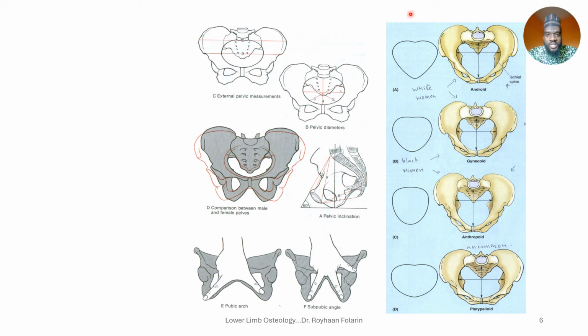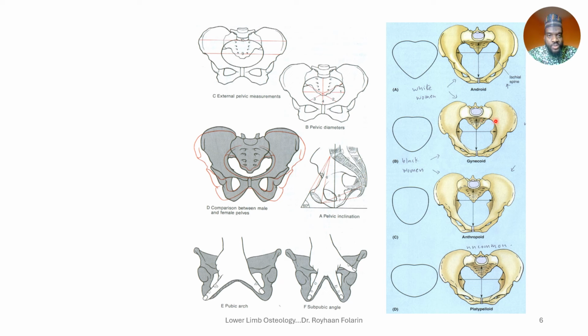Secondly, we have the gynecoid pelvis, and like the name suggests, it looks more like the typical female pelvis. It's the most common type and ideal for vaginal delivery. Vaginal delivery means without needing to go through cesarean section, because once a woman's pelvis is not as gynecoid as it should be, such a woman needs to be aided through operative delivery.